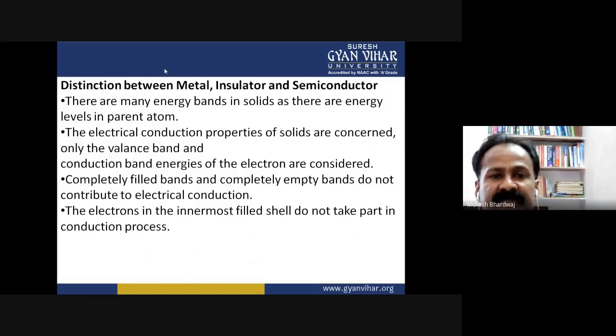There are as many energy bands in a solid as there are energy levels in the parent atom. As far as the electrical conduction properties of solids are concerned, only the valence band and conduction band energies of the electron are considered. Completely filled bands and completely empty bands do not contribute to electrical conduction.